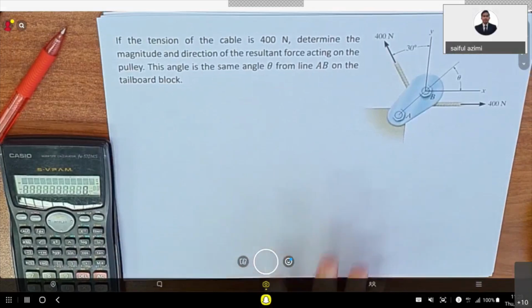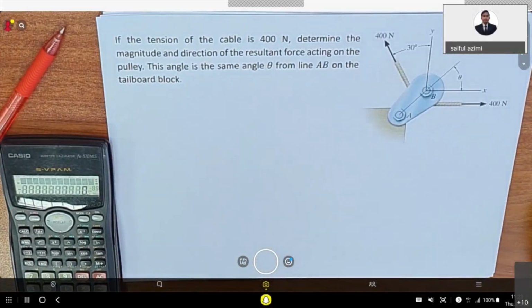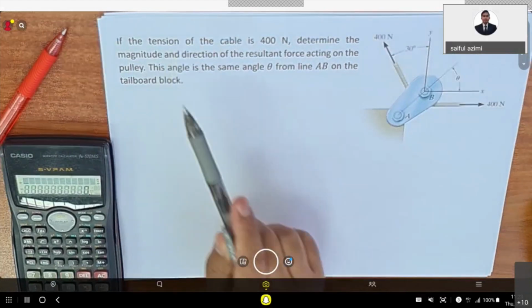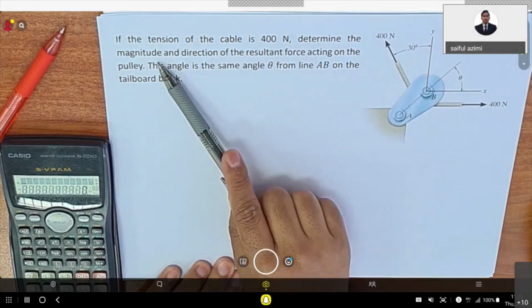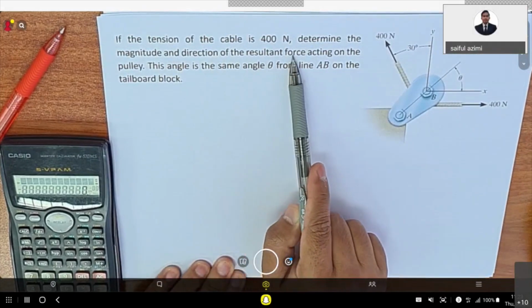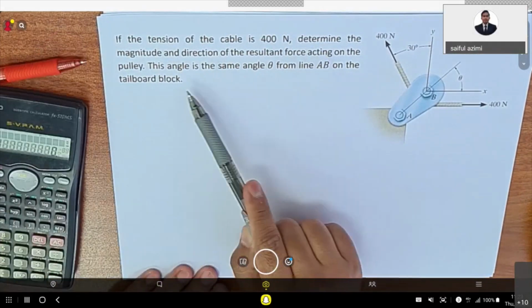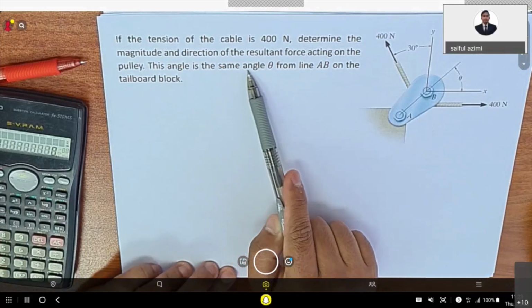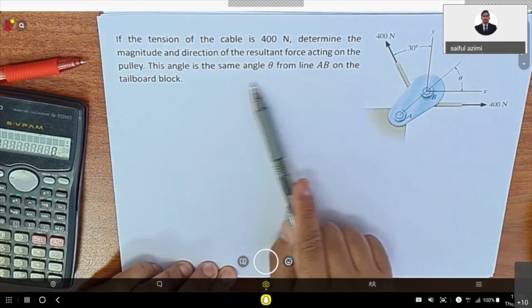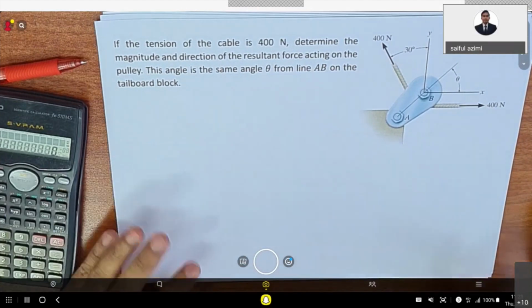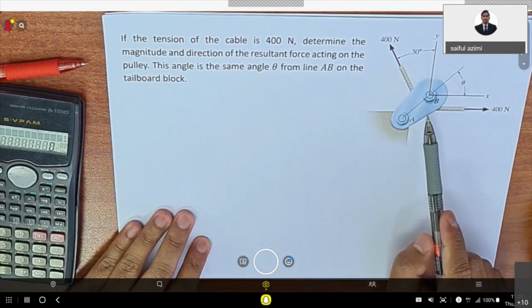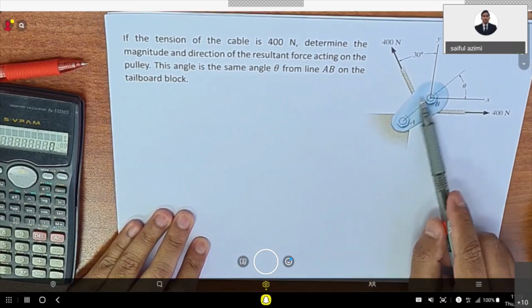In the next example, the question mentions that if the tension of the cable is 400 Newton, determine the magnitude and direction of the resultant force acting on the pulley. This angle is the same angle theta from line AB on the tailboard block. We have a cable with a tension here.